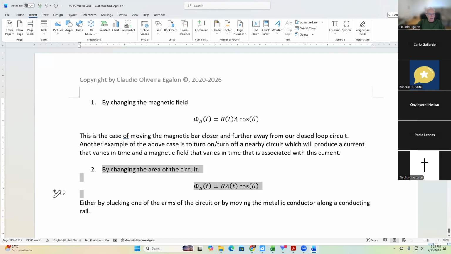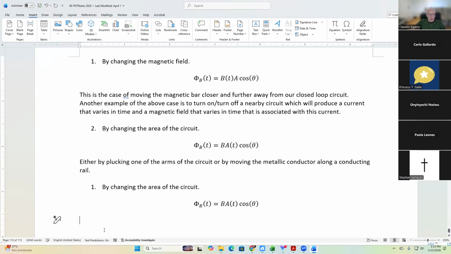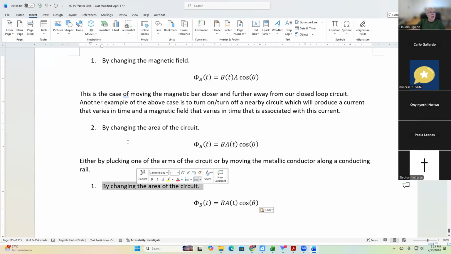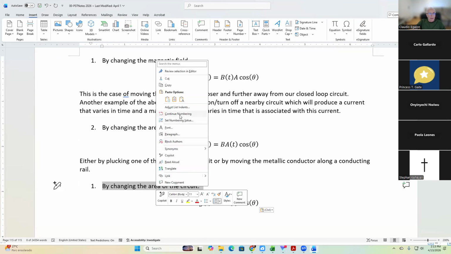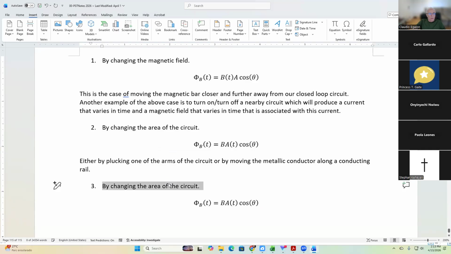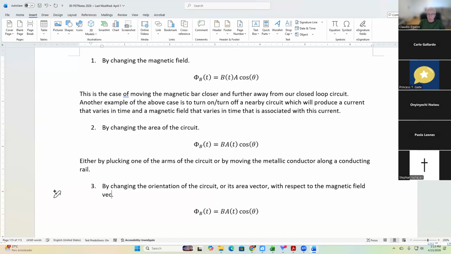Okay, and then finally we have the other one here, that's a little bit more difficult to visualize, by changing the orientation of the circuit, or its area vector, with respect to the magnetic field vector.